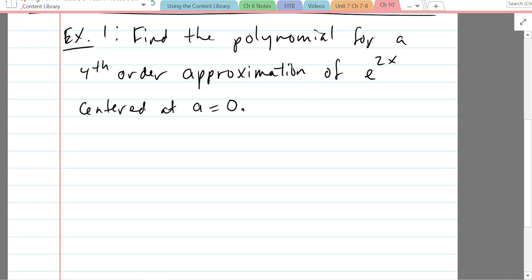So in actuality, this is a Maclaurin polynomial. We don't have to necessarily name it.